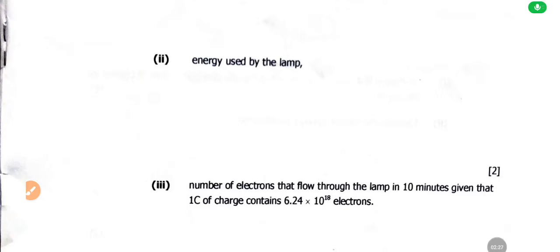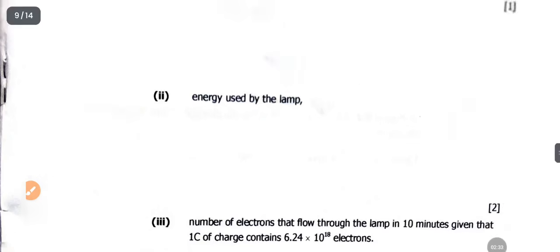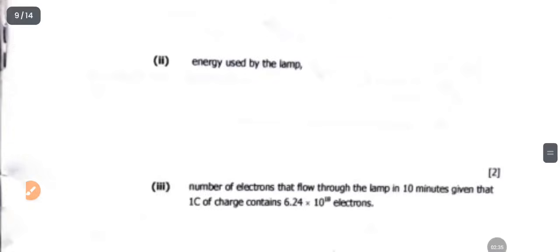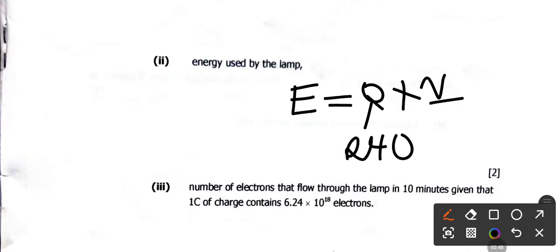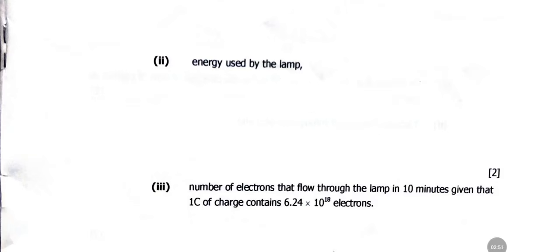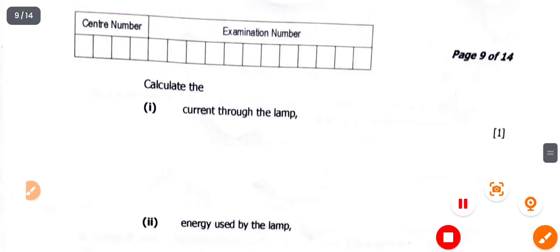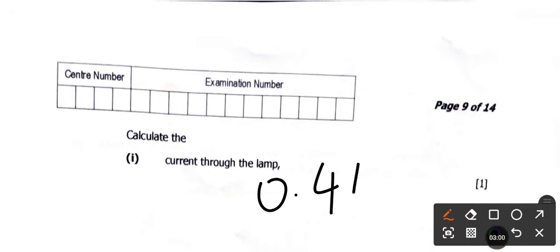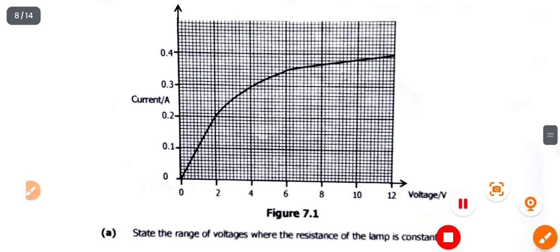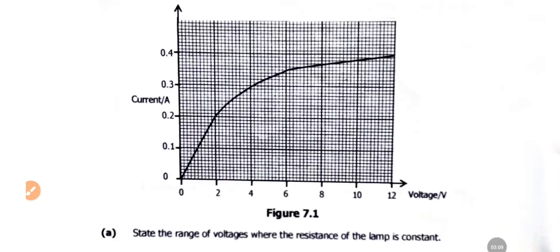Number two, energy used by the lamp. Remember this formula: energy is equal to Q times V. We have the value of Q as 240, but we don't have V. Since we calculated the value of current to be 0.4, we can simply go to the graph and check the value of voltage when current is 0.4.